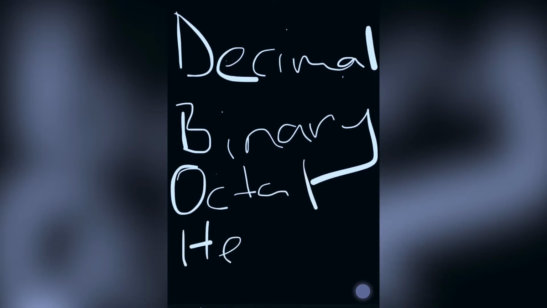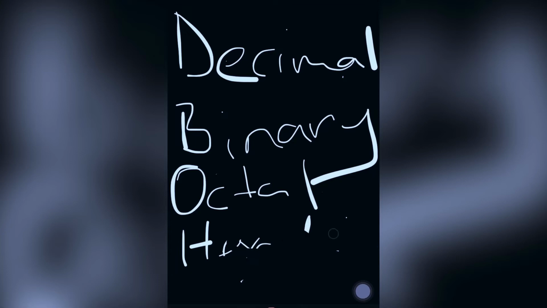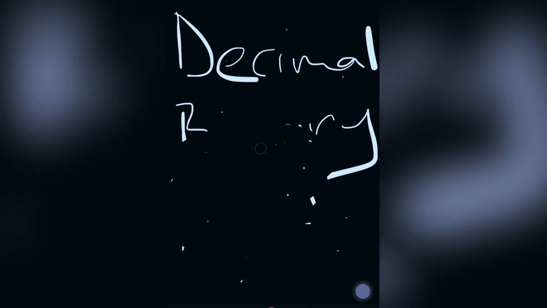And then the fourth one, hexadecimal system. These are the 4 that we are going to look at today, and I'm going to explain each one more. I'm starting with the decimal system.